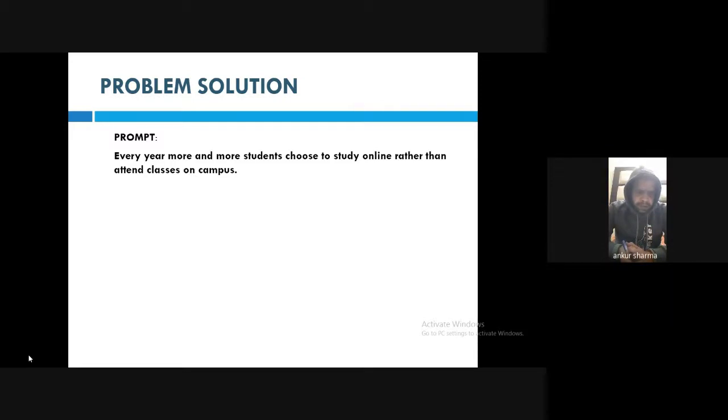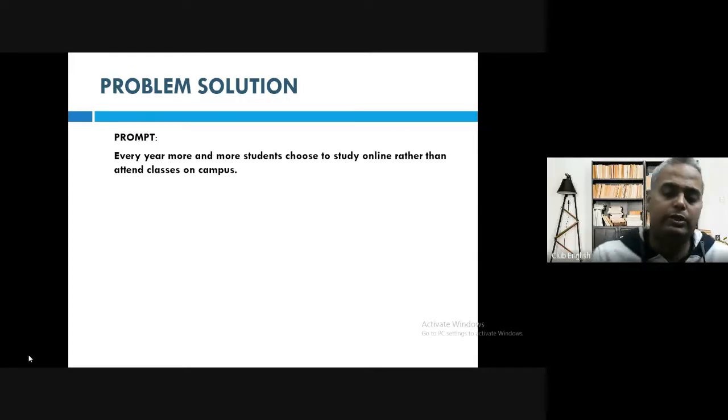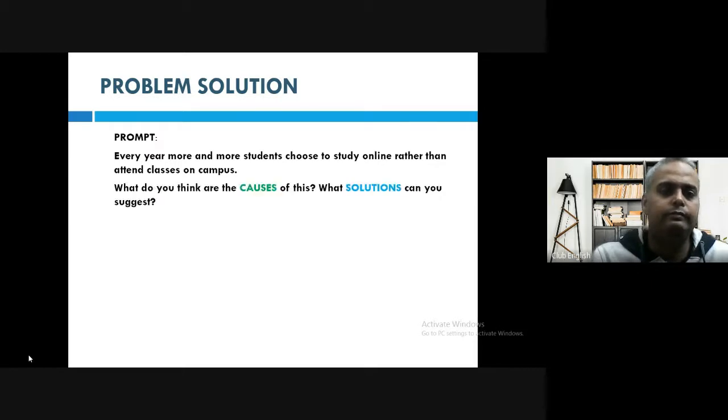Every year, more and more students choose to study online rather than attend class on campus. Yes, so this is the question, that is the prompt. Okay, now what do you think are the causes of this and what solutions can you suggest? So the question says that every year students are choosing to study online rather than attend the classes on campus. What are the causes of it and what are the solutions you can suggest?